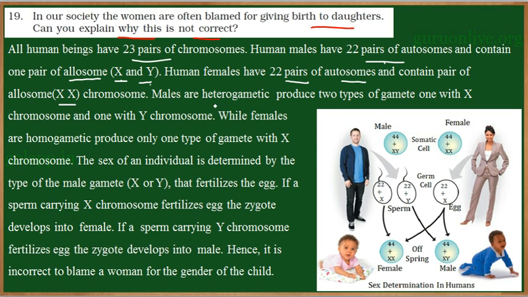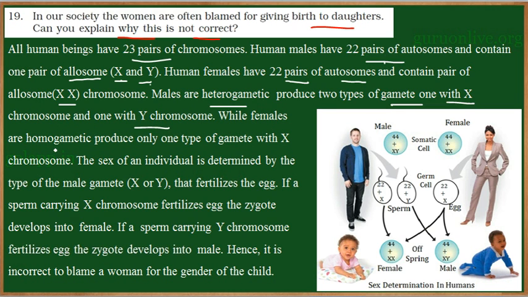Now males are heterogametic. Heterogametic means they produce 2 types of gamete. One gamete will have the haploid number of chromosomes, that is 22 autosomes plus either X chromosome or Y chromosome. So they will have 22 autosomes with one X chromosome or 22 autosomes with one Y chromosome.